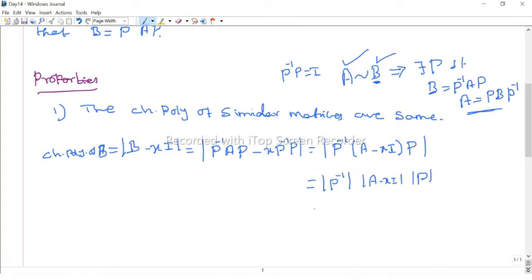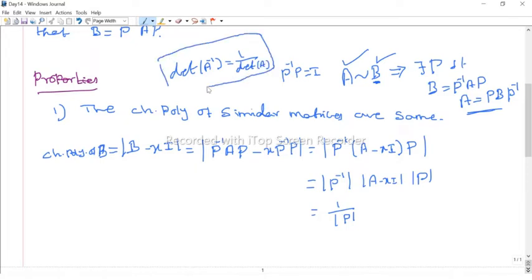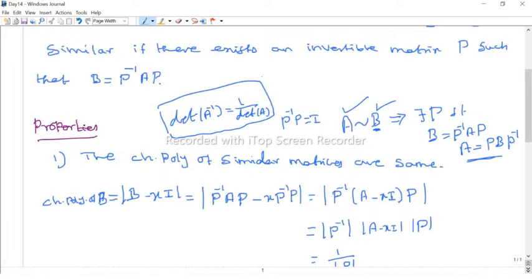But determinant of P inverse is nothing but 1 by determinant of P. That is a standard result: determinant of A inverse is nothing but 1 by determinant of A. We have to use this result. We can easily prove it. We know that A times A inverse equals identity for any invertible matrix.